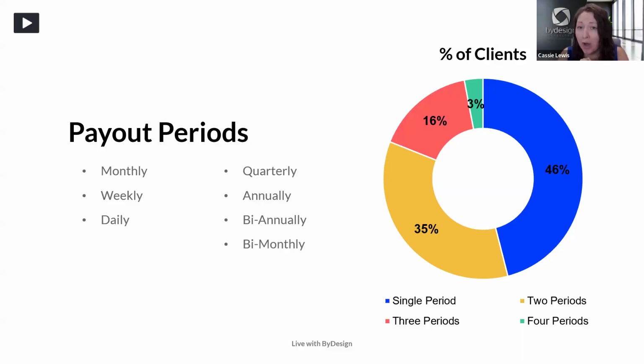I kid you not, one of the clients in my data set has 6 different payout periods. But not every rep is earning all 6 payout period types. Different types of reps are earning different pay periods based on the behaviors they're being rewarded for.